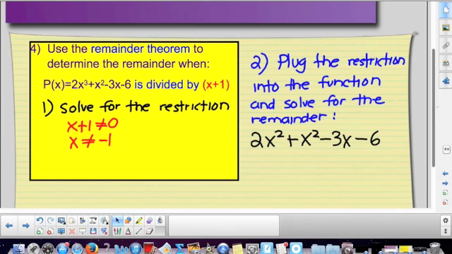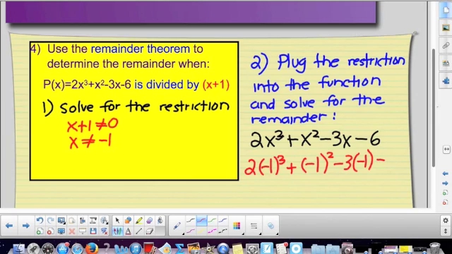So instead of x, I'm going to plug in -1. So I have 2 times -1 cubed plus -1 squared minus 3 times -1 minus 6. That's going to give me -2 plus 1 plus 3 minus 6, which is equal to -4.